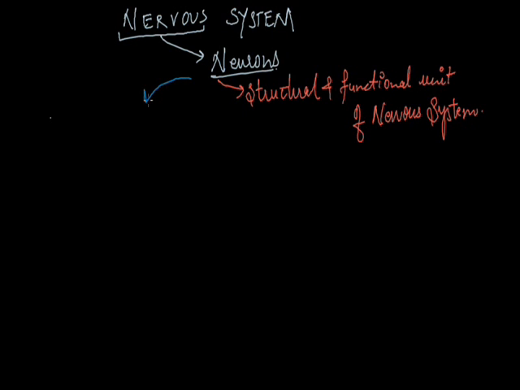So, neuron is somewhat like an elongated structure extended into a long tube-like structure. This is the structure of neuron.